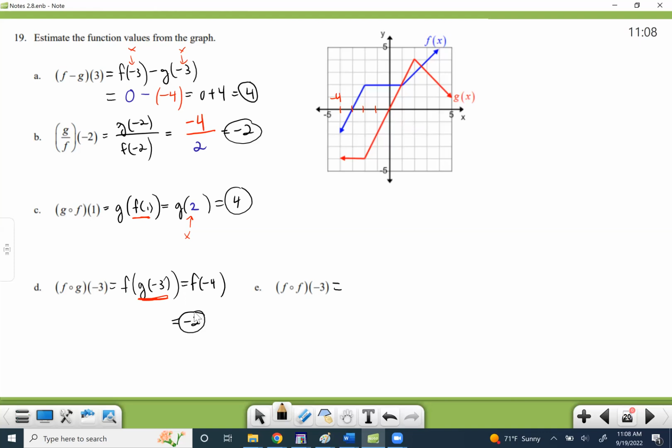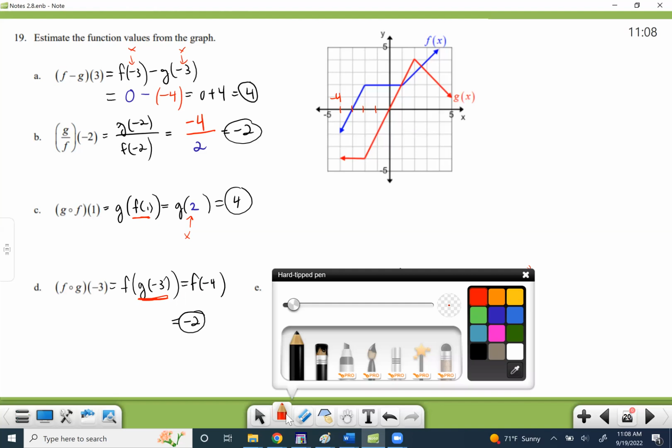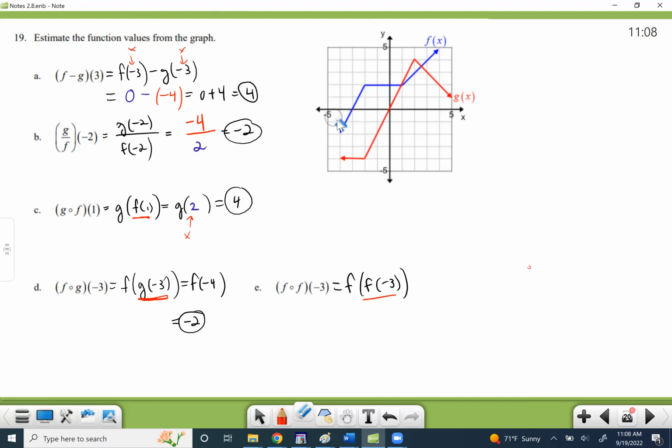And this one's kind of funky. We haven't done one yet where we've taken f and composed f with itself. But let's go ahead and get the inside. We got to find f of -3. So we're going to go to where -3 is: 1, 2, 3. And f is the blue curve.